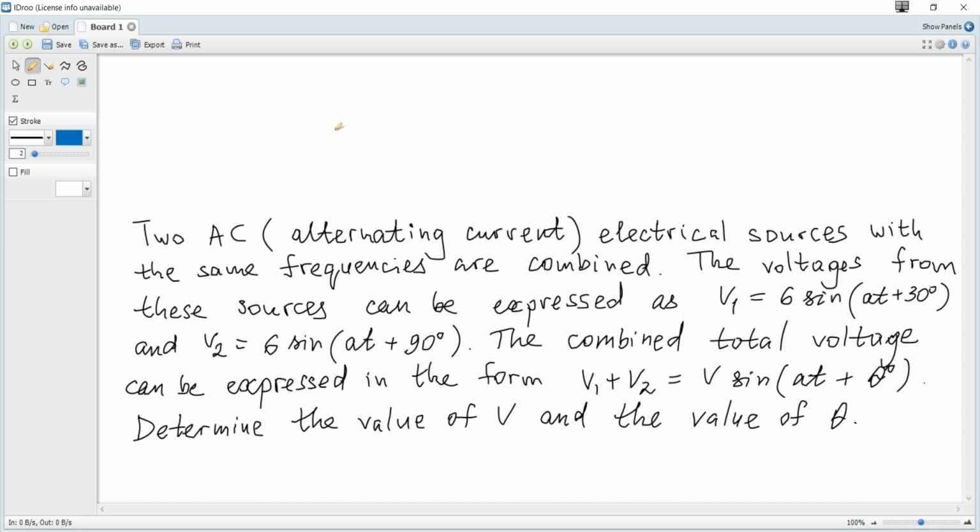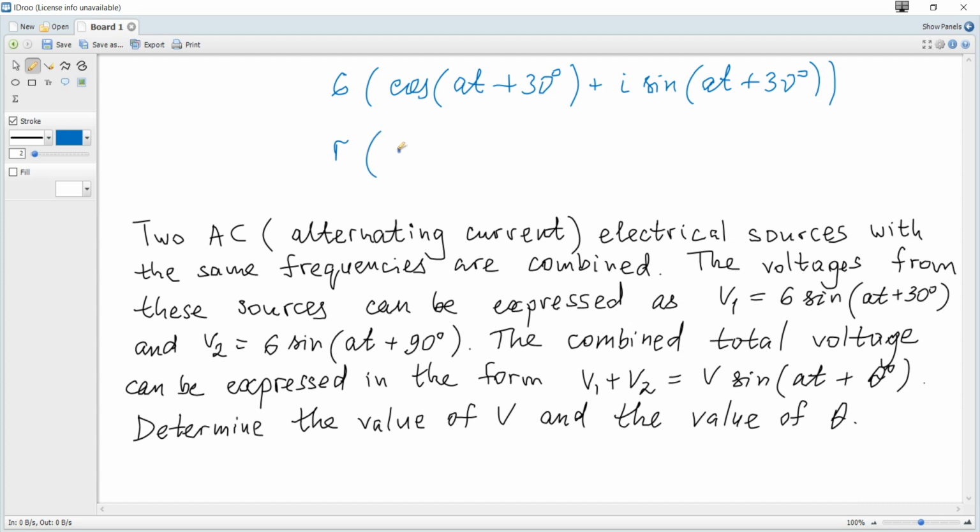If we consider such a complex number, 6 cosine of the same argument 80 plus 30 degrees plus i sine of 80 plus 30 degrees, we can see that it's a complex number of the modulus-argument form, r cosine theta plus i sine theta. It's another theta, not this theta; in general we use theta.